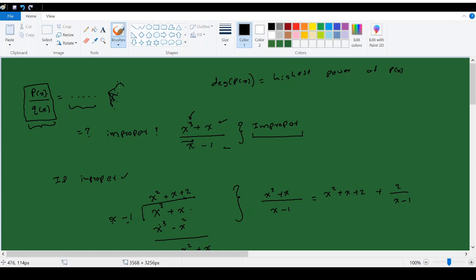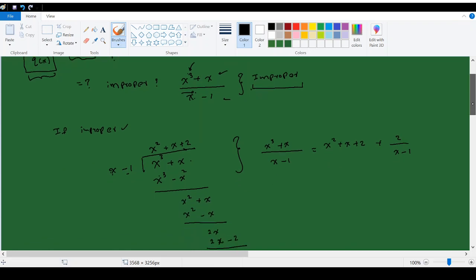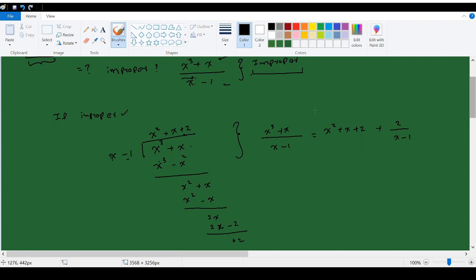But before thinking about these 4 categories, we need to find whether it is an improper fraction. And in this case, since the degree of the numerator is greater than the degree of the denominator, this was an improper fraction. So if it is improper, first we should do the long division and write it in this format, right?